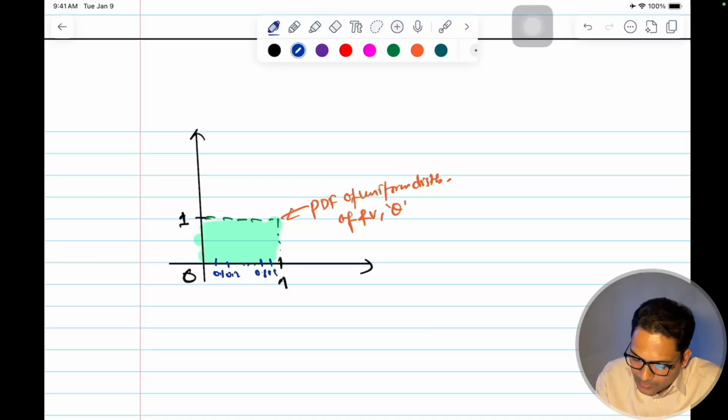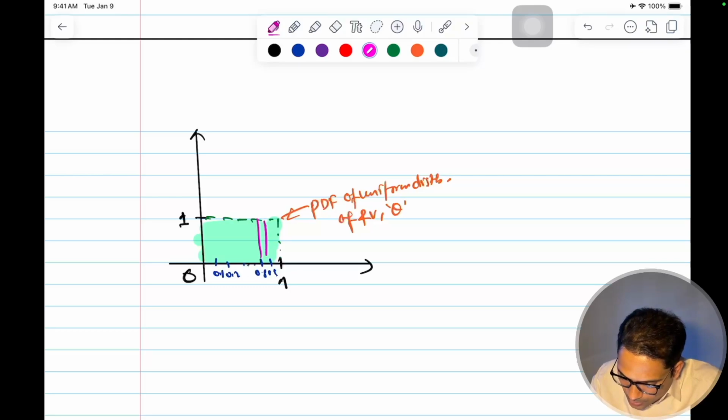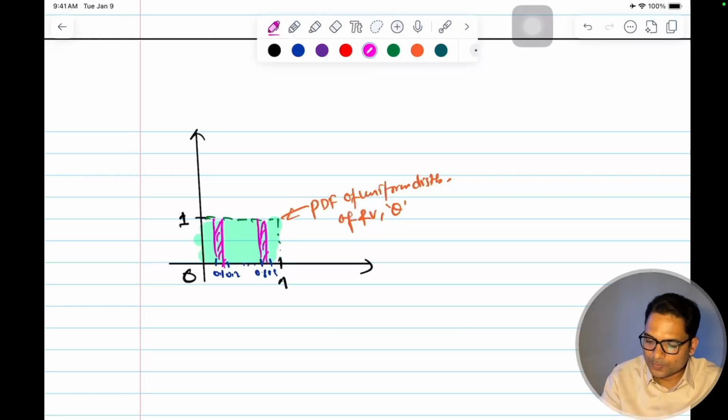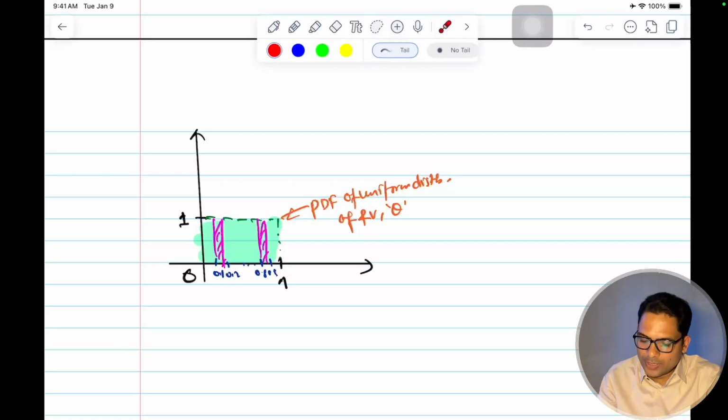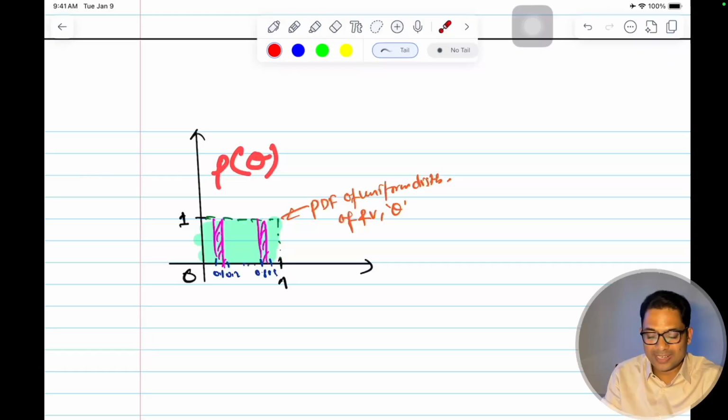Whether my value is between 0.8 and 0.9, here I can give a range only, right? Or whether it is between 0.1 and 0.2, both these are the same. So the probability of finding a value of theta, that is the probability of success, or head, say if it is a coin, the bias of the coin, whether it's between 0.1 and 0.2 or between 0.8 and 0.9, the area under the curve is the same.